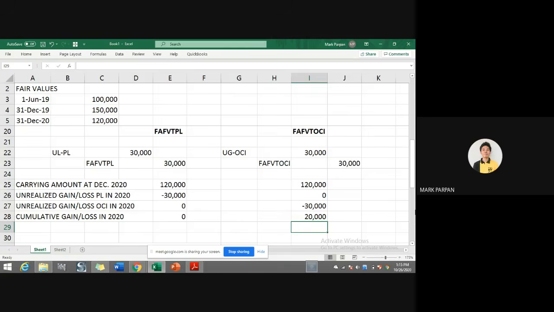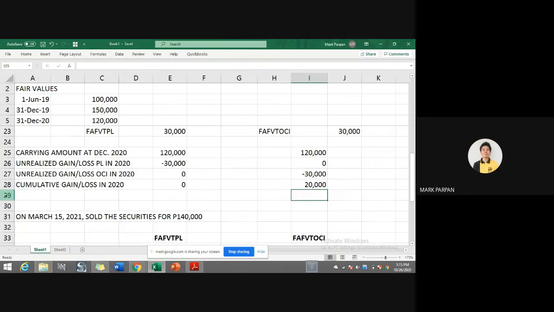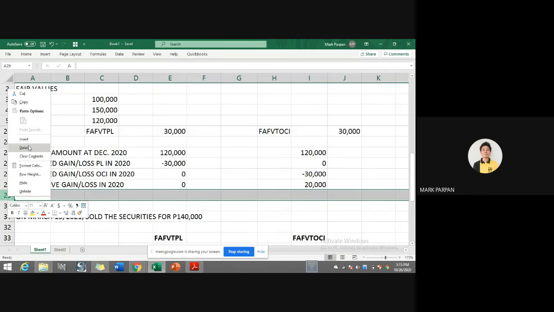I hope from it, you have understood how to get the cumulative gain or loss, because that is a very common question in problems such as for auditing firms. Okay, so I hope that's clear, very clear for every one of us.